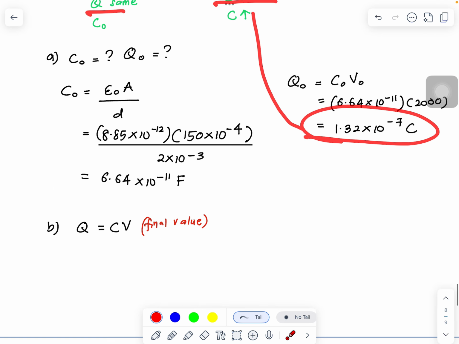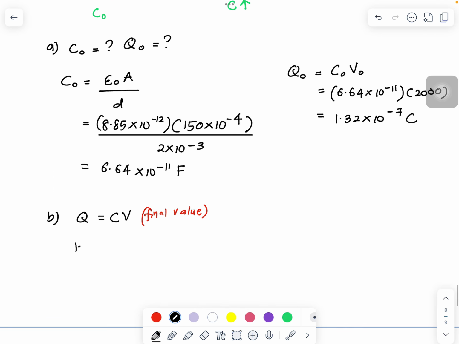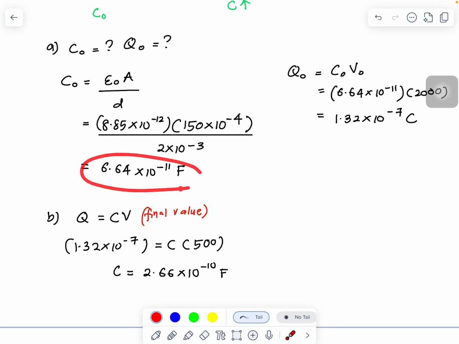Untuk kedua-duanya kita boleh gunakan 1.32 exponent negative 7, and then C is what we want to calculate, then V dia sudah bagi 500. So dapatlah C final equal to 2.66 exponent negative 10 farad. So you notice here, ni initial, ni final. Dia sudah increase lah sebab dia punya exponent ni daripada 11 jadi 10.